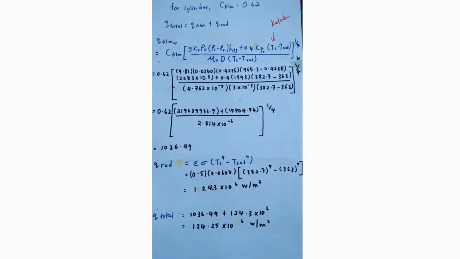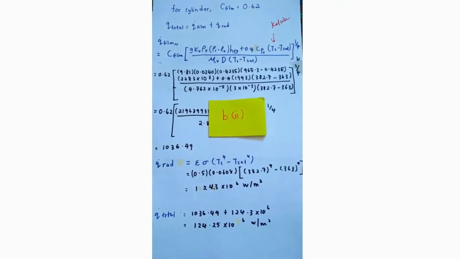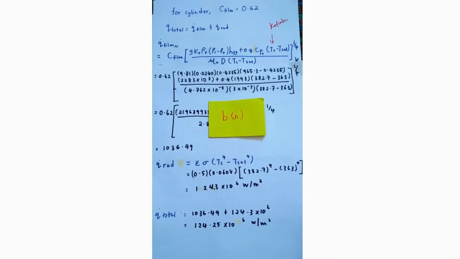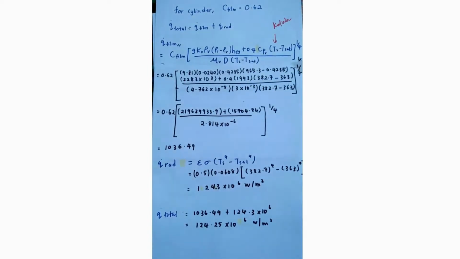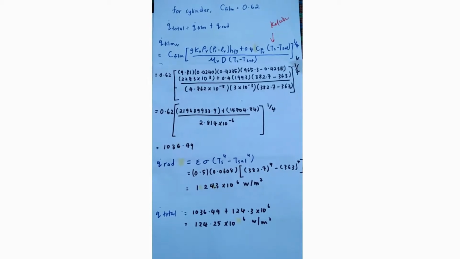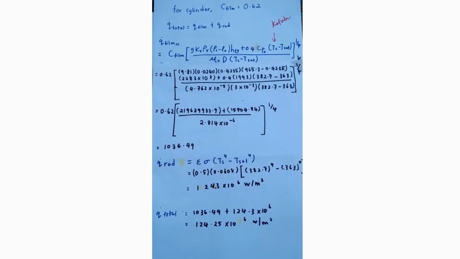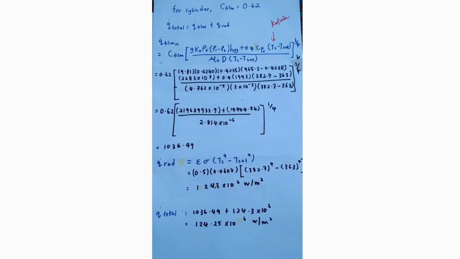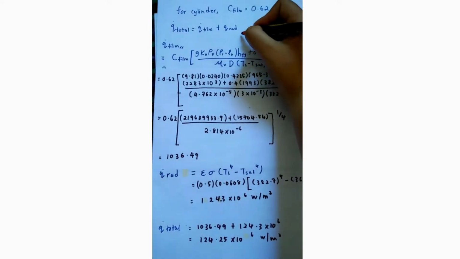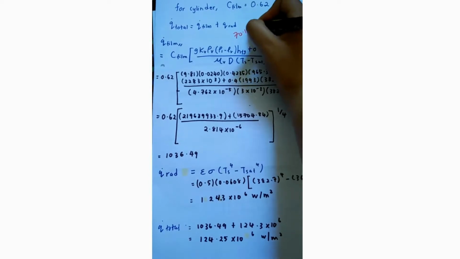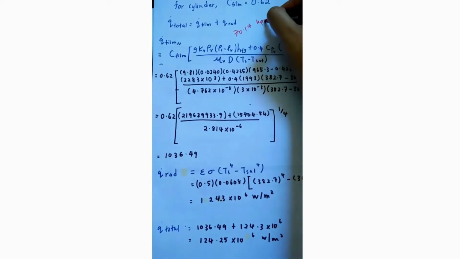For question B2, we have to find the increase in the wire temperature. It is done the same way as in question A, but bear in mind the pressure right now is 70.14 kPa.